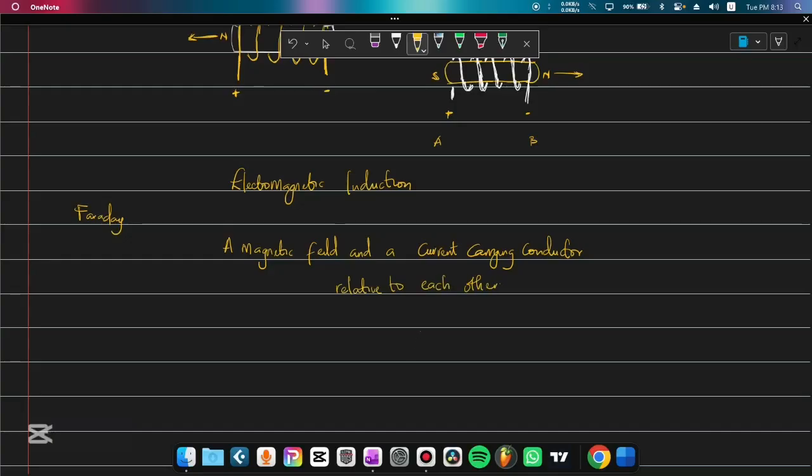Imagine this coil here. Let me try and draw the coil. Let's say this is a coil of wire.